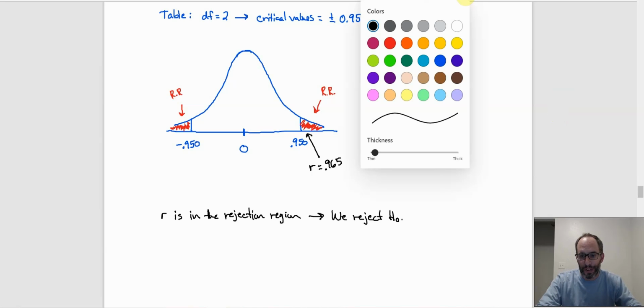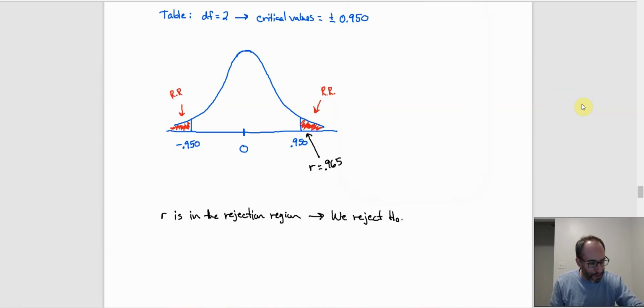The way that they phrase it in the homework is more like this. So I'm just going to change colors just so these things will kind of stick out from each other. But the way they would do it in the homework would be something like that R is significant. So the "is significant" I suppose is the important part there.